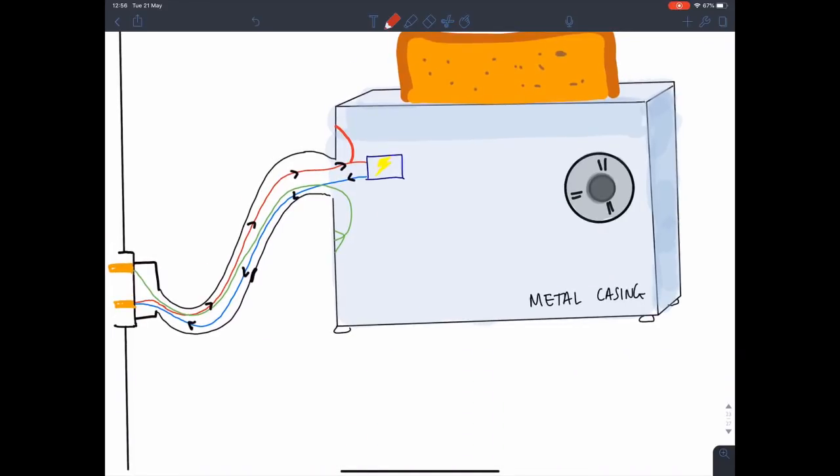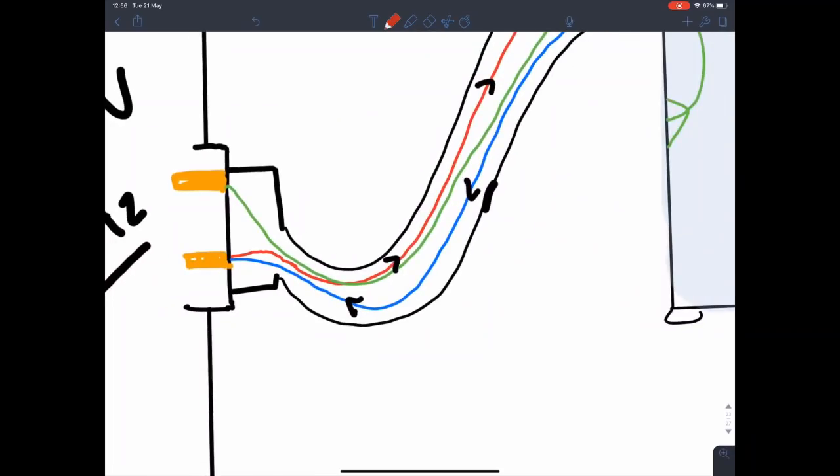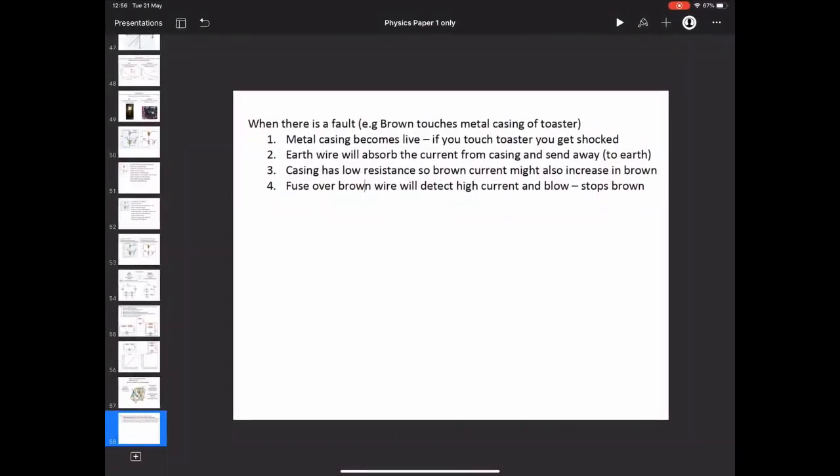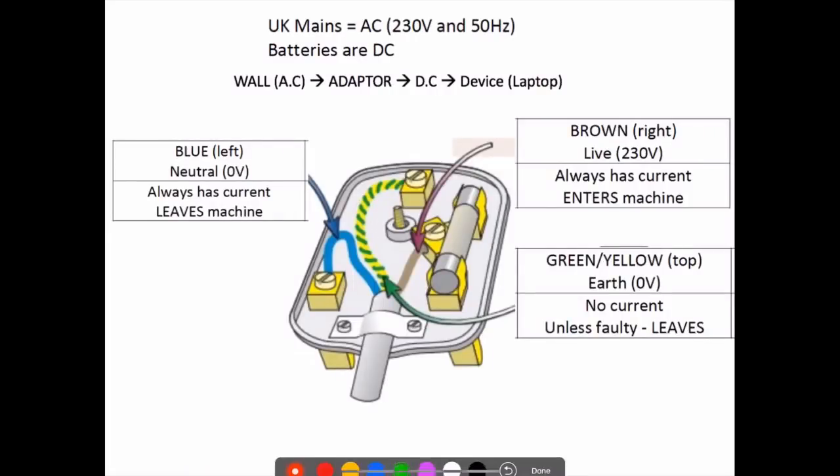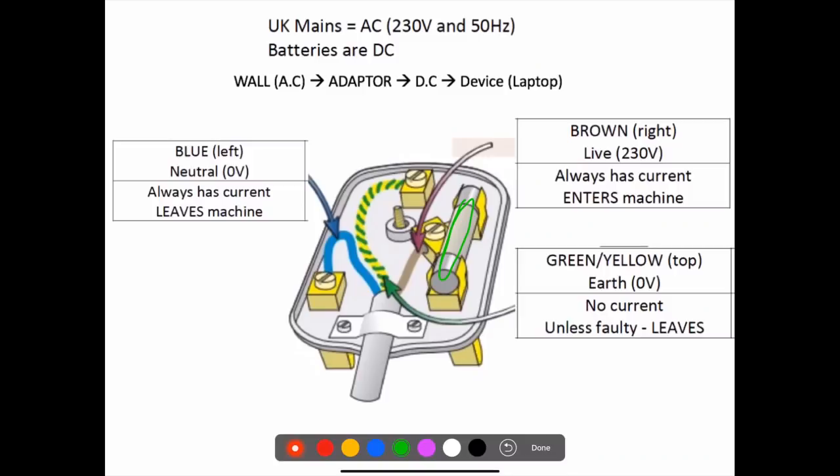The second thing is that over here we also have a fuse. So the fuse looks a bit like this. This is the fuse. So what you say is, the moment that the live wire touches the metal casing, the current in the live wire increases. Now this fuse acts like a gate. It will have a fuse rating on it, let's say 5 amps. Which means that it will allow a maximum amount of 5 amps to enter through the live wire.